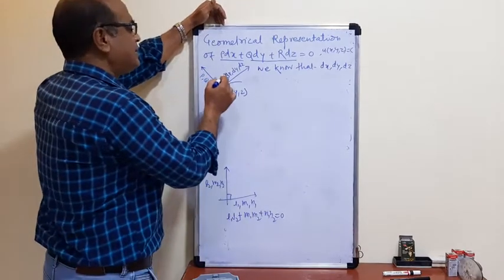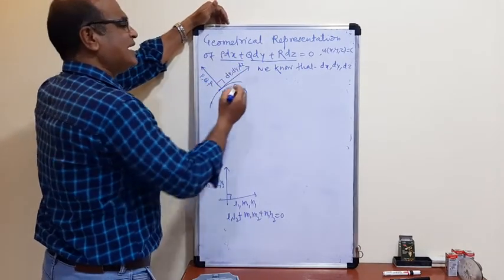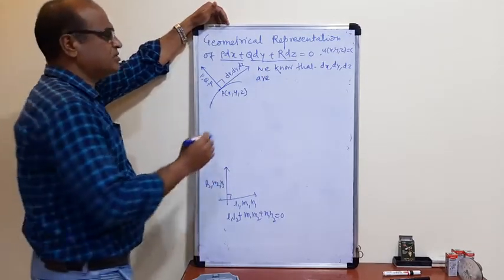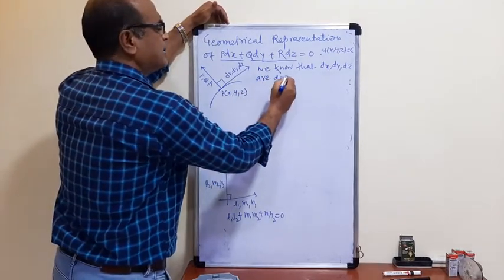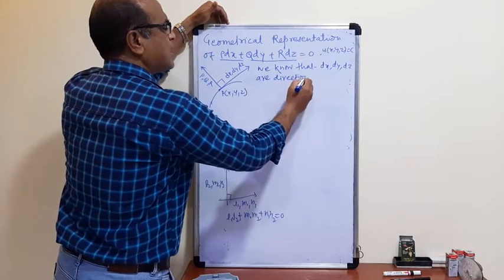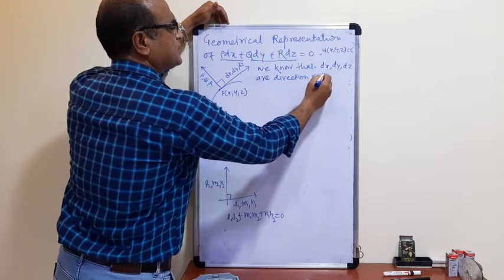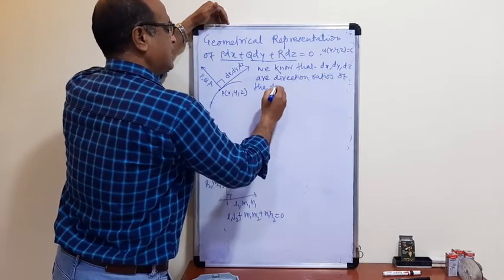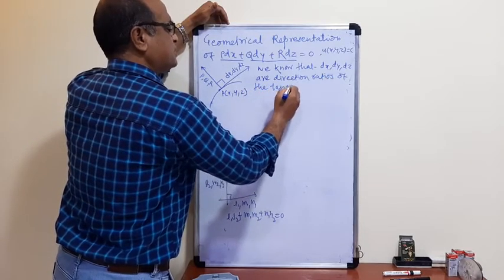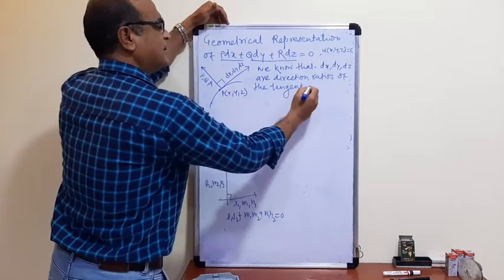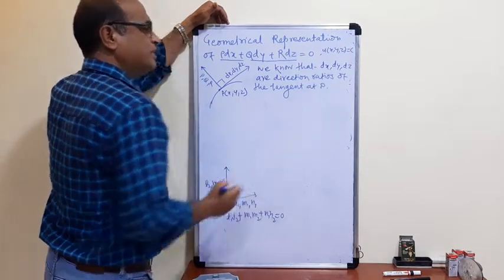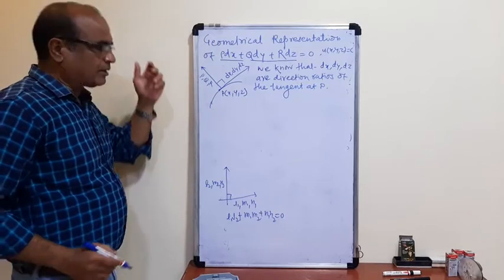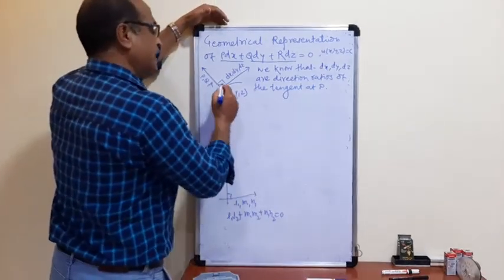Then we know that dx, dy, dz are the direction ratios of the tangent at P to the curve.